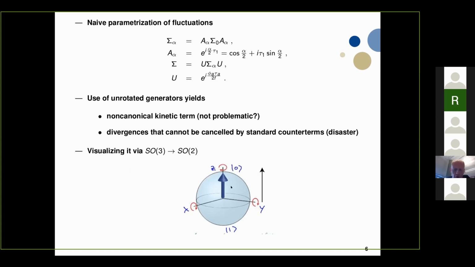Now, if you rotate that ground state for some reason, then your parameterization of the fluctuations can no longer be correct. So you have to rotate the generators of the fluctuations as well. So you parameterize your fluctuations around your new ground state.